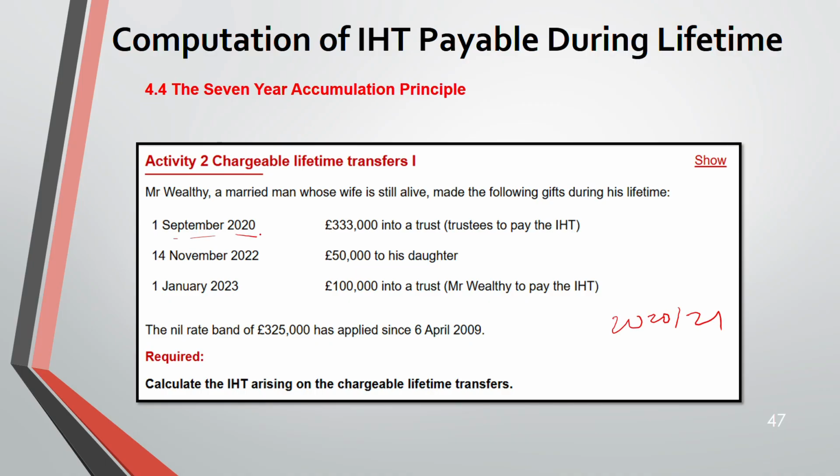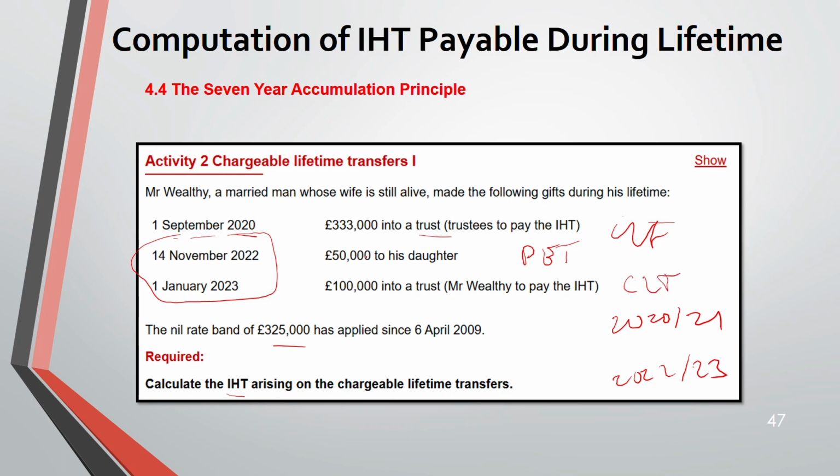Then these two are in the same tax year, 22-23. And the nil rate band is 325. Now you have to calculate the IHT arising on the chargeable lifetime transfers. So this is CLT, this is PET, and this is CLT.